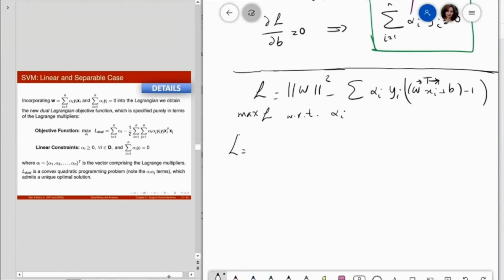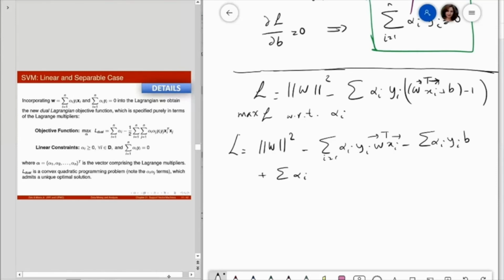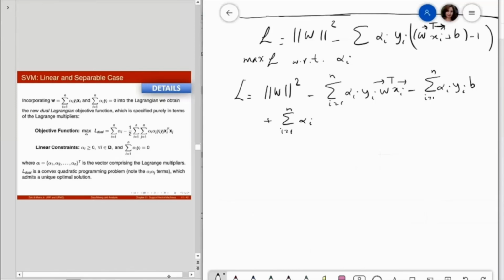L is actually, let me open this sigma a little bit, equal to the norm of W squared minus sigma alpha i y_i W transpose x_i minus sigma alpha i y_i b plus sigma alpha i, i from 1 to n.